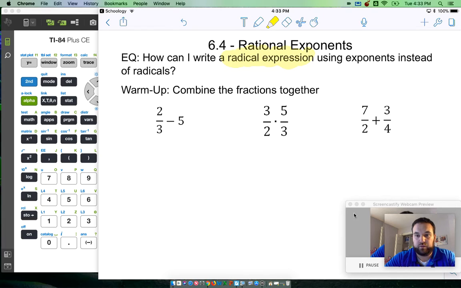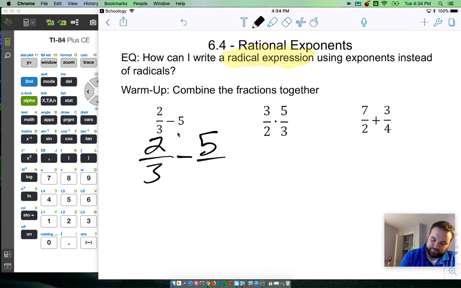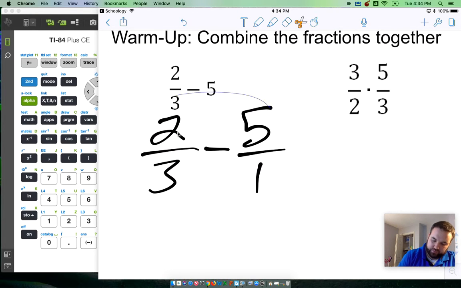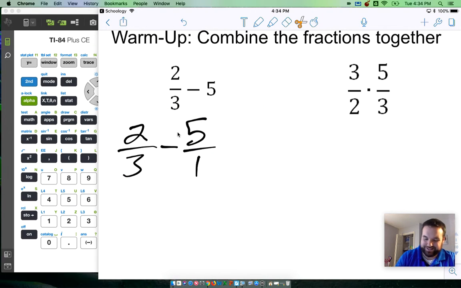So for the warm-up, since we're going to be working with fractions, let's just remember how to combine fractions together. For all of these, you could use the calculator. You don't need to do this by hand, but just as a quick reminder, 2/3, if I'm subtracting 5 over 1, in order to add or subtract fractions, I need a common denominator.